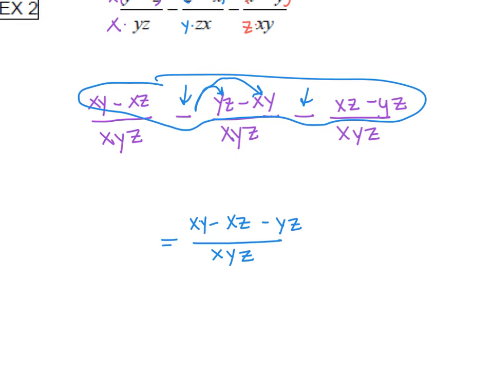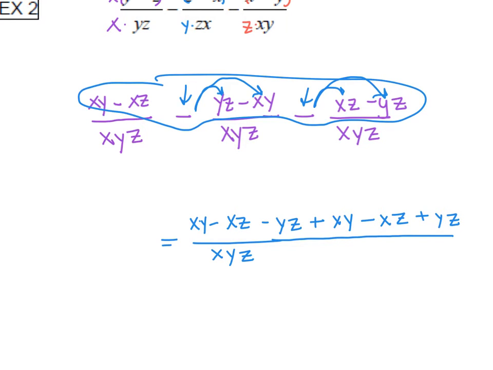So that negative becomes plus xy. So that's what you have to be careful about, are ones like that. Alright, now we are subtracting xz, so minus xz, and then we are subtracting a negative yz, which becomes plus yz.